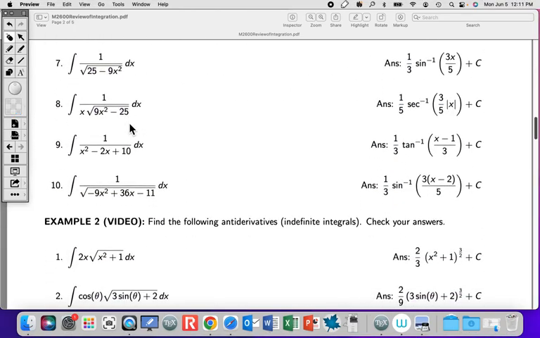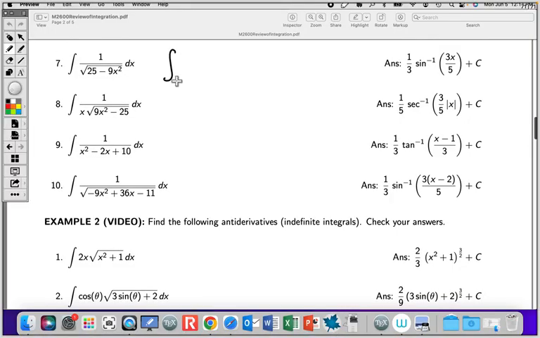In fact, that's what's actually going on here. Now, the formula we get for the inverse sine is 1 over the square root of a squared minus u squared du.